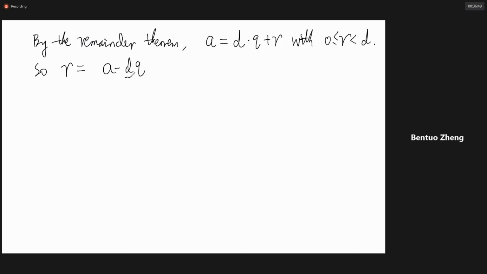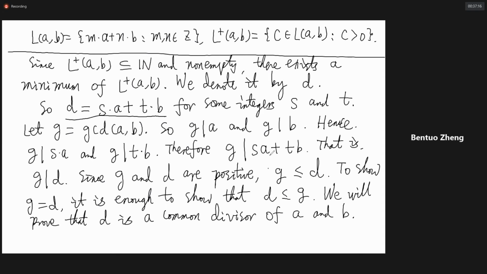And remember, this D is a linear combination of A and B. So this D is S times A plus T times B. This is how we choose this D, from L plus of A, B.